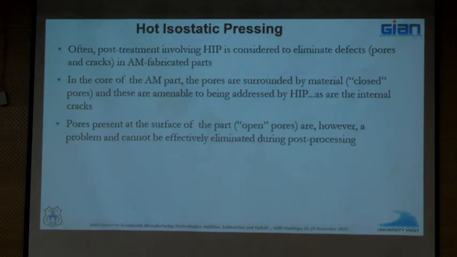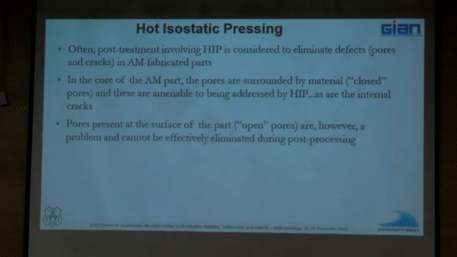I didn't talk so much about that, but in hip many times you encapsulate the part and then hip, right? But that is impractical for many large aero engine parts. You cannot encapsulate the part, but many of these parts could require coatings eventually for surface protection or whatever reason.